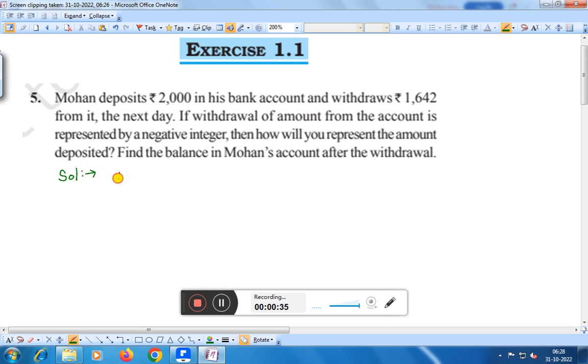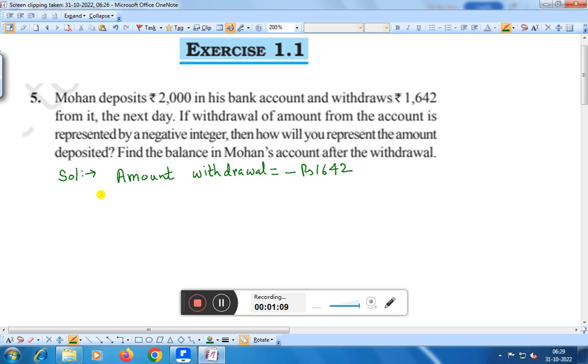If amount withdrawal is represented by a negative integer, that means minus rupees 1642. Therefore, how will you represent the amount deposited?